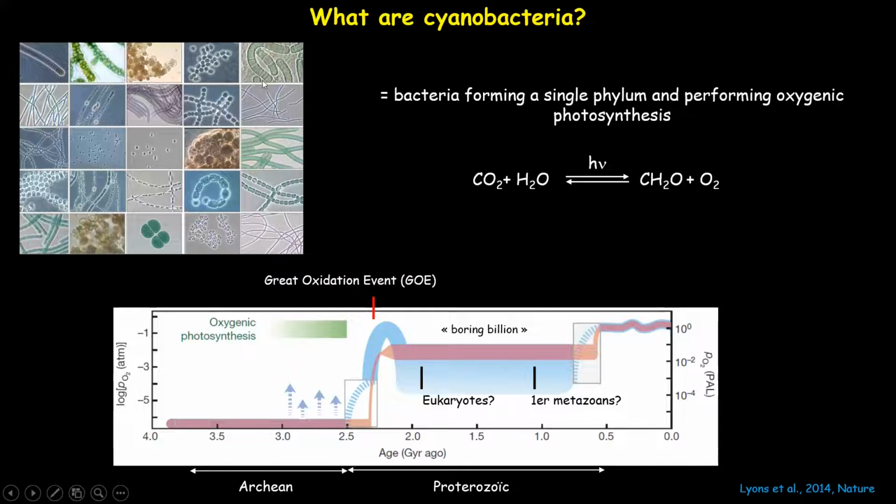And you see here some light microscopy images of these very diverse cyanobacteria. They are diverse morphologically, of course, but they are all doing oxygenic photosynthesis.